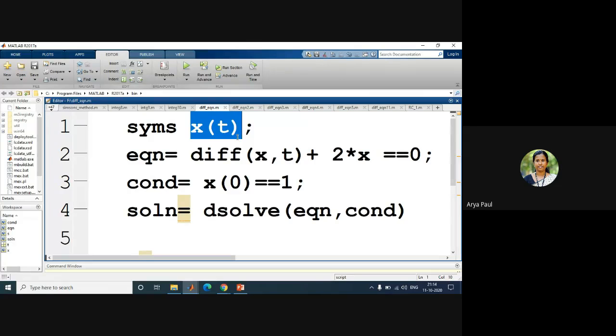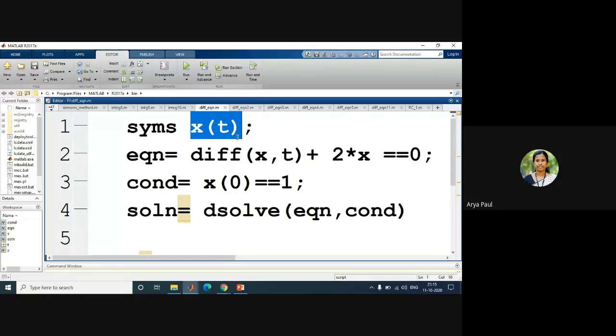symbolic variable. Symbolic means you can find the exact value. In MATLAB, for example, the value of pi is actually 3.14, which all of you know. But 3.14 is actually an approximation of pi, isn't it?